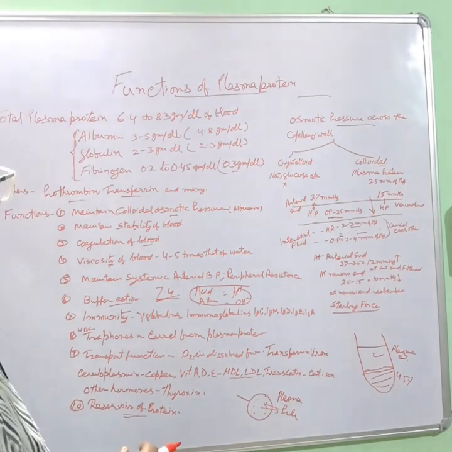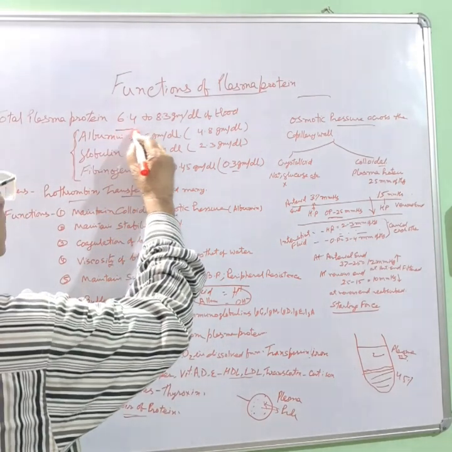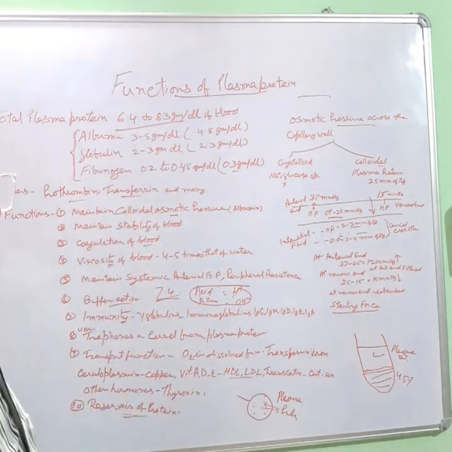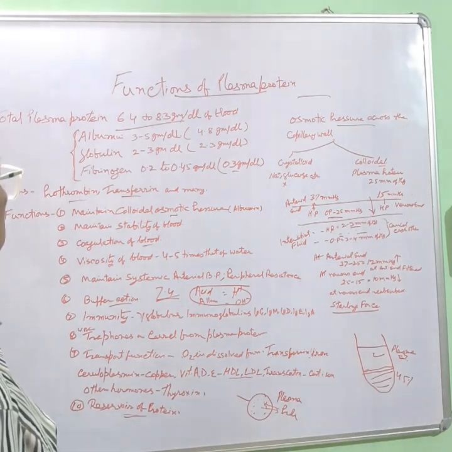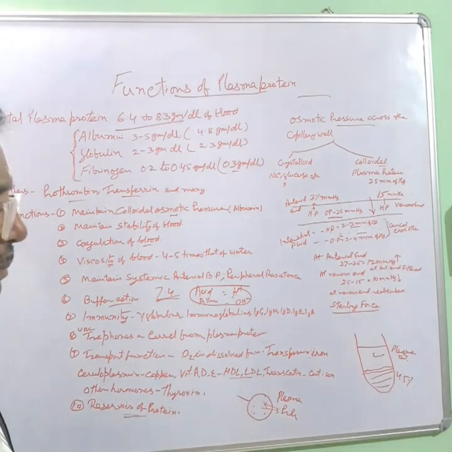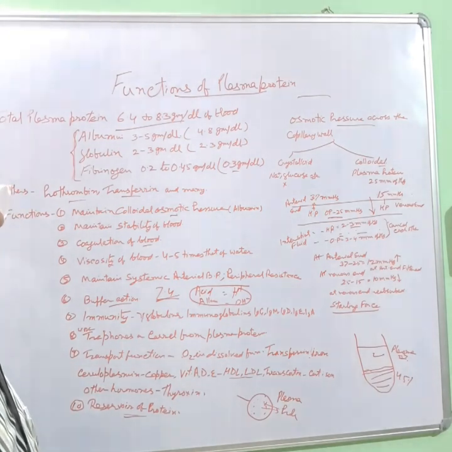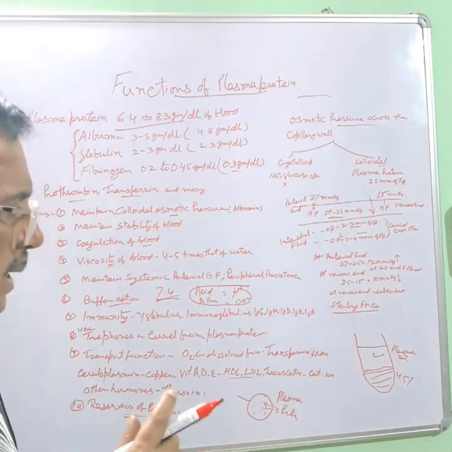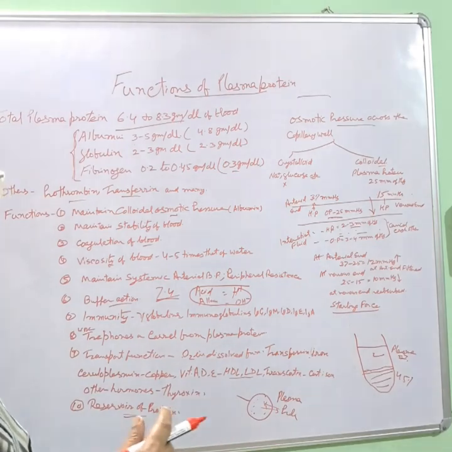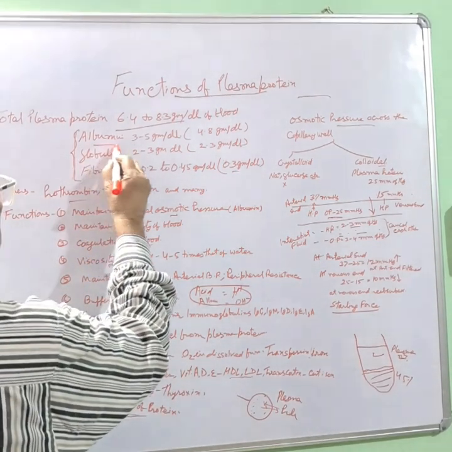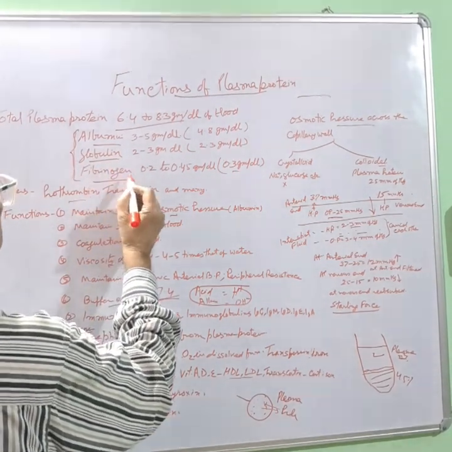Total plasma protein is 6.4 to 8.3 grams per deciliter of blood. There are many types of plasma proteins, but the main ones are only three: albumin, globulin, and fibrinogen.